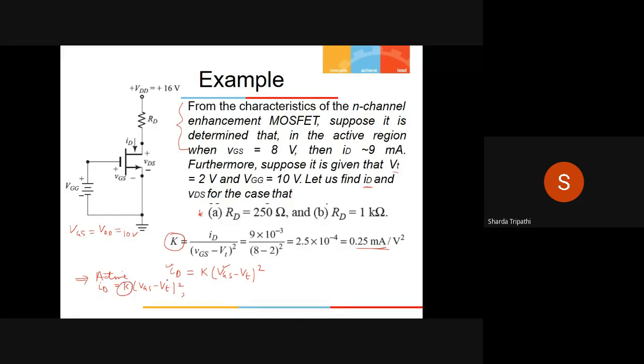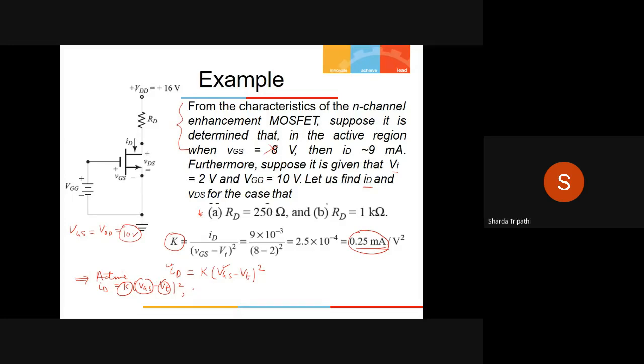And here the K value I have just found in the first step. This is 0.25 milliamperes. The VGS value I know from the circuit. VGS is 10. So you have to keep in mind that VGS is 10 and not 8 as given over here, because that value was just to find out the value of K. From the circuit, VGS is taken as 10 and the VT value is also given.